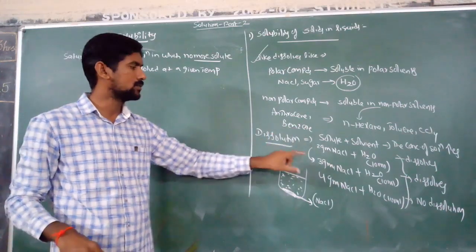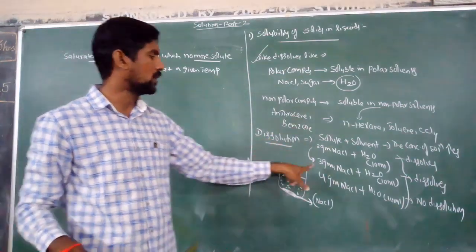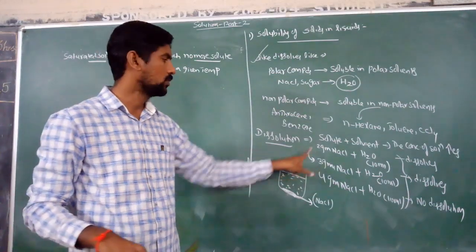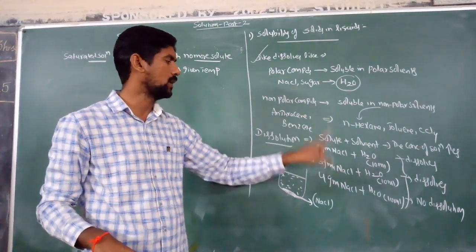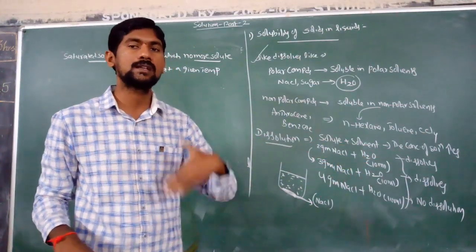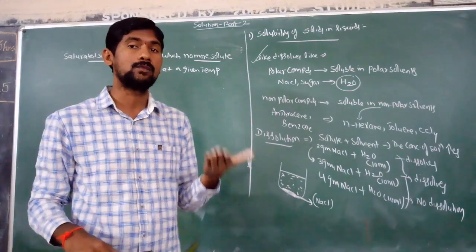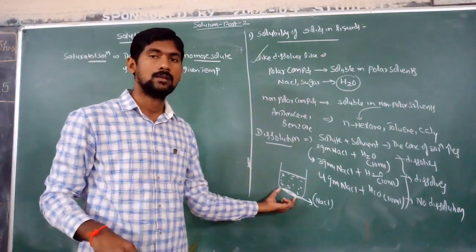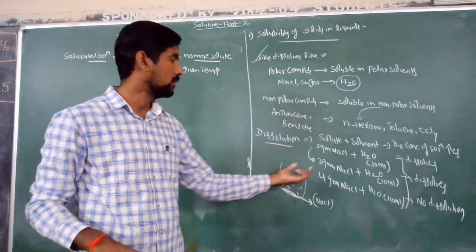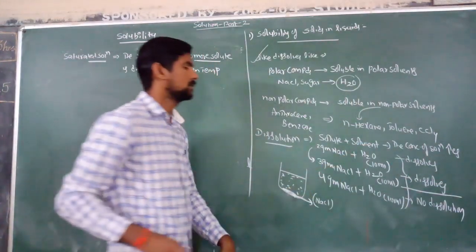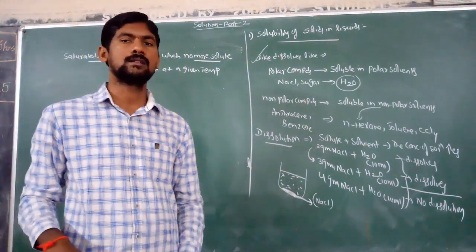Here in these examples, in 10 ml of water, only 3 grams of sodium chloride is dissolved. 2 grams of sodium chloride added to water, completely dissolved. 3 grams added to water, completely dissolved. After 3 grams, if you add 3.1 gram or 3.2 gram, then there will be precipitation, which means that up to this level, it is a saturated solution.